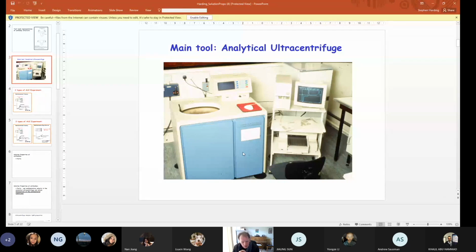It spins your solutions of protein or antibody or antibiotics or whatever at very high speed, where you can get centrifugal fields of 100,000, 200,000 G. So it's like being on the surface of Jupiter or something.